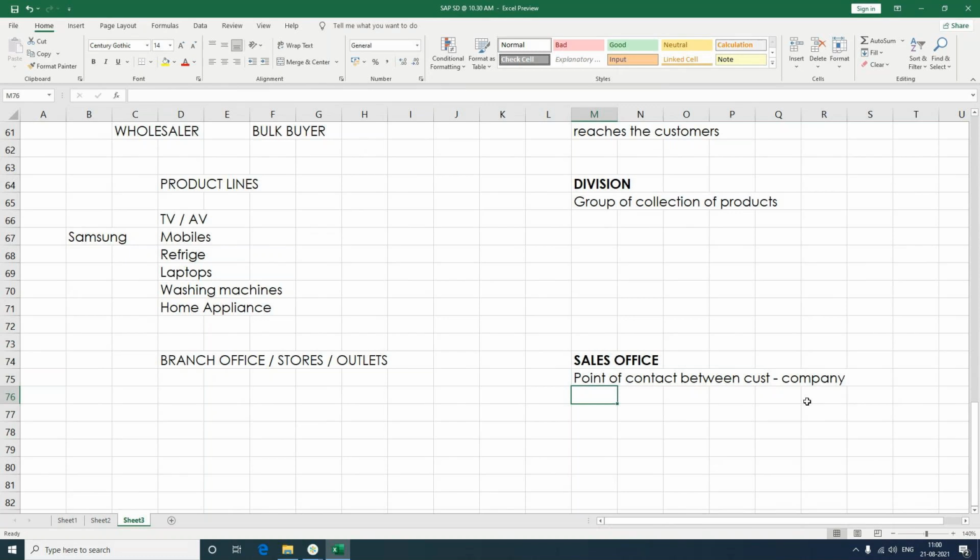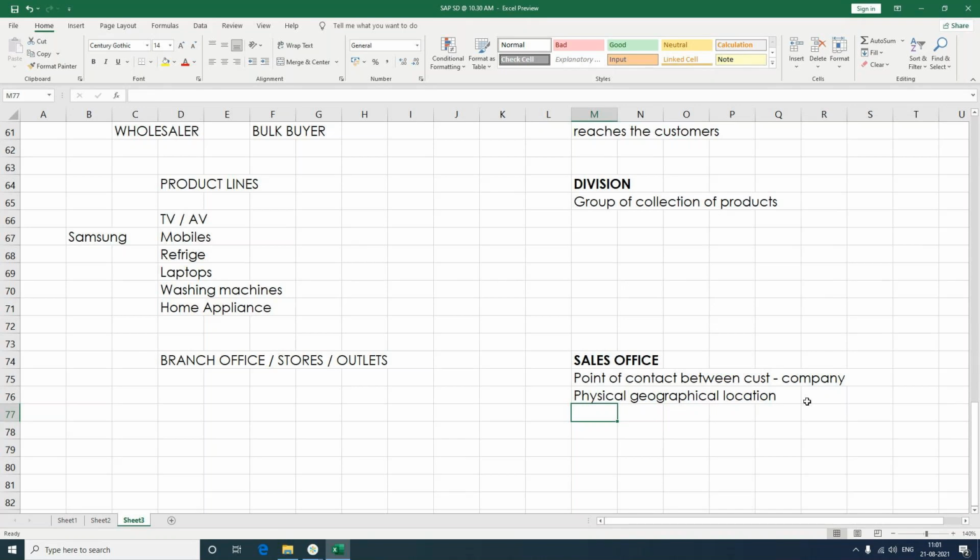It's a physical geographical location, where you will have an infrastructure. You can interact with the salespersons there, get your product demo, clarify all your queries, and if you are interested, you can go for placing an order.